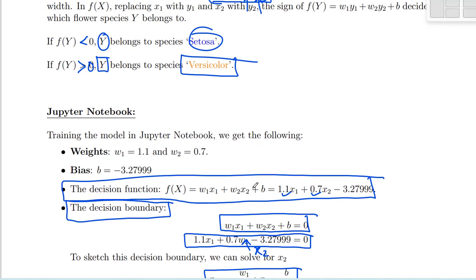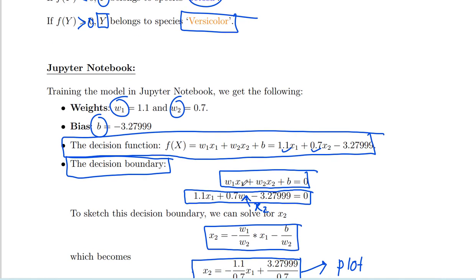What I want to prove in this video is that training a model, or fitting data to a support vector machine model, is just computing the values of W1, W2 and B, so that we can get this decision function.